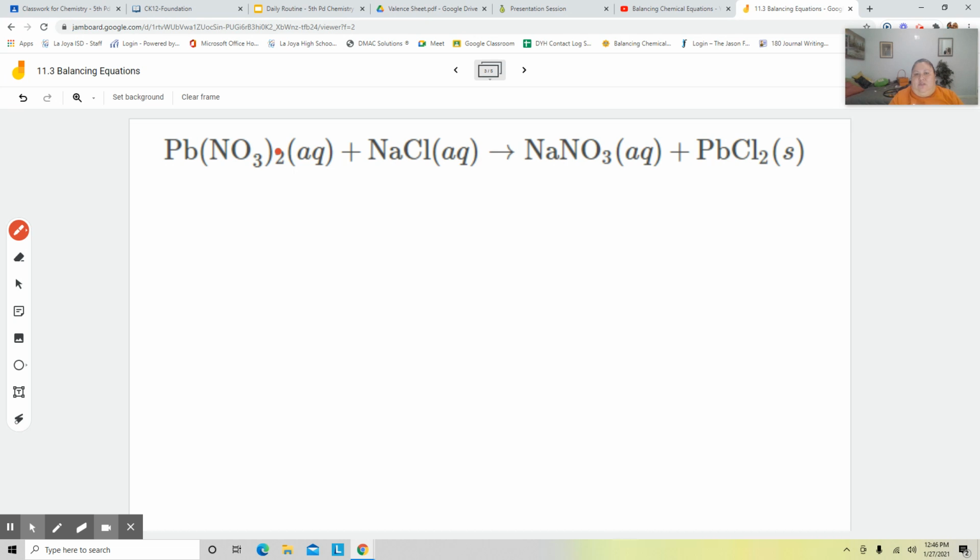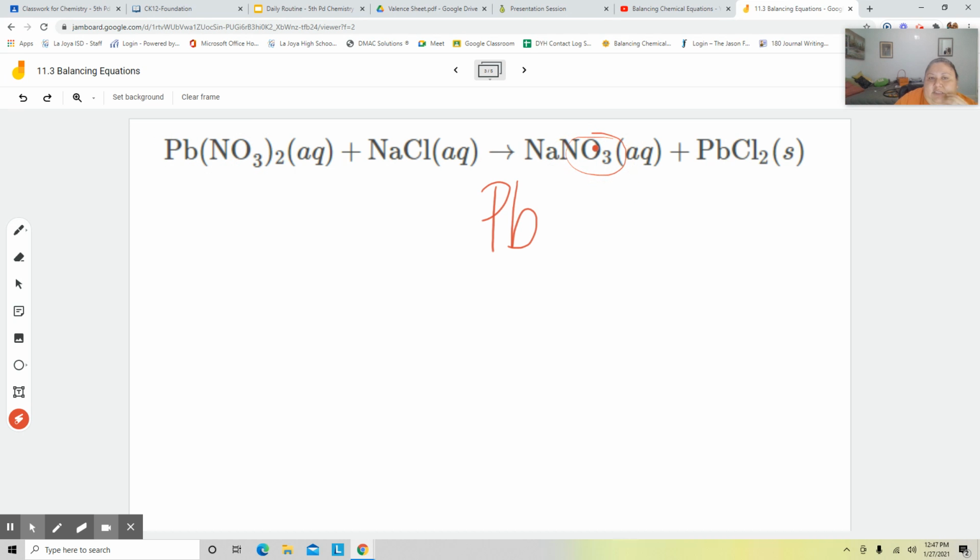Okay? What's my first compound or my first element? Pb. So that goes here. My next one, look at this, is what we call a poly, right? Do you notice that this poly shows up on both sides of the yield sign?